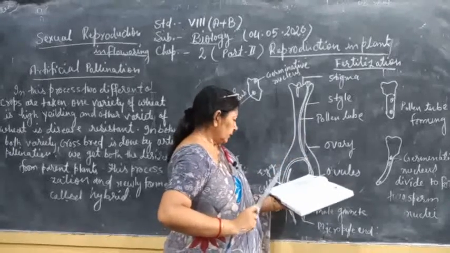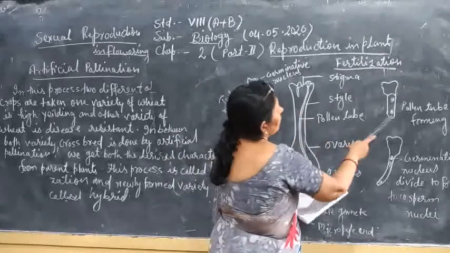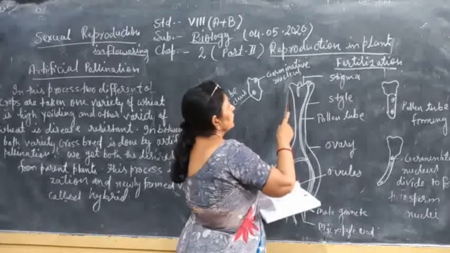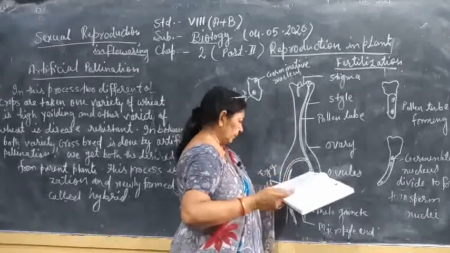Two nuclei, the tube nucleus and the germinative nucleus, are formed.